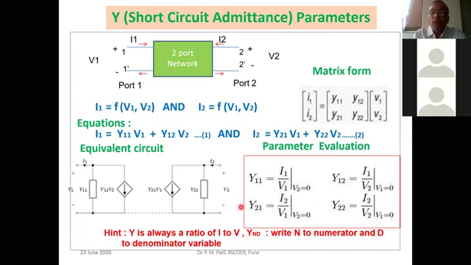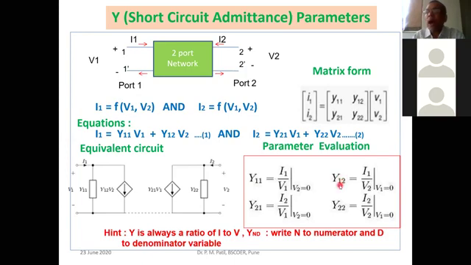So if you want to find Y11, this first coefficient will be for the numerator and the second coefficient will be for the denominator. So Y11 will be I1 by V1 at V2 equal to 0.